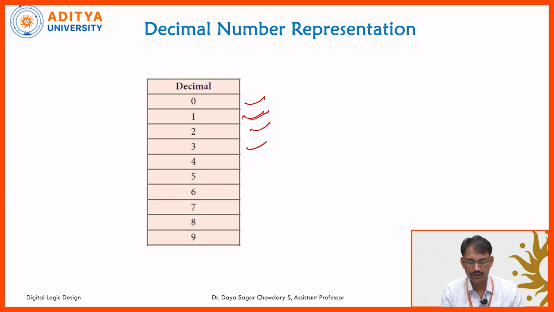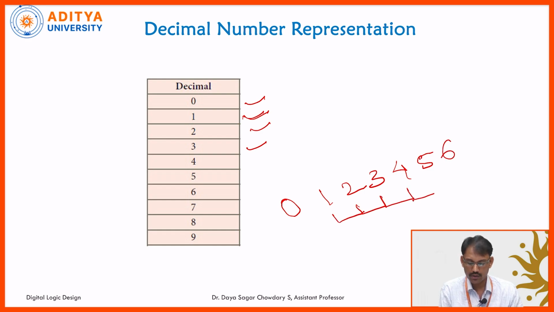Most of the time we use these symbols. So 0, this is 1, this is 2, this is 3, 4, 5, 6. That means there is one increment from one symbol to the next symbol.